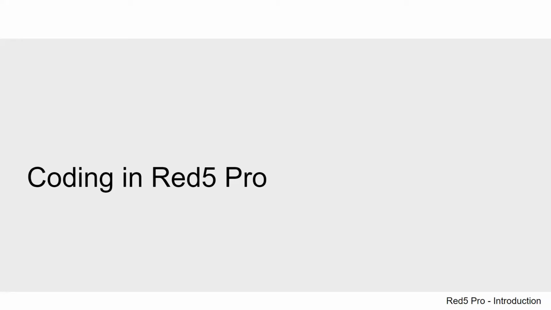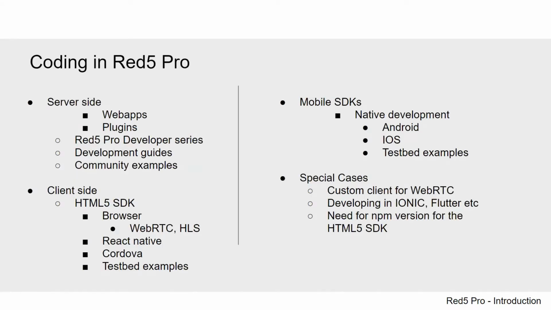Now let's dive a bit into the coding paradigm surrounding the Red5 Pro ecosystem. On the programming side, one can develop server-side and client-side applications. The server-side applications mostly consist of web apps and plugins.